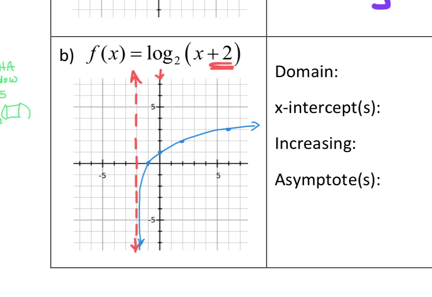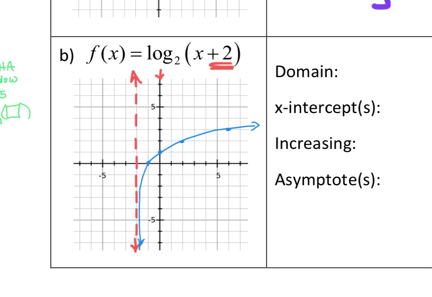Now, the domain of a logarithm has a restriction. Remember that the 3 domain restrictions are x in a denominator, x inside a square root, and x as an argument for a logarithm. This restriction is affected by the shift to the left.